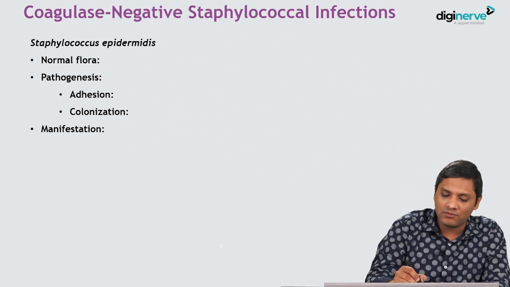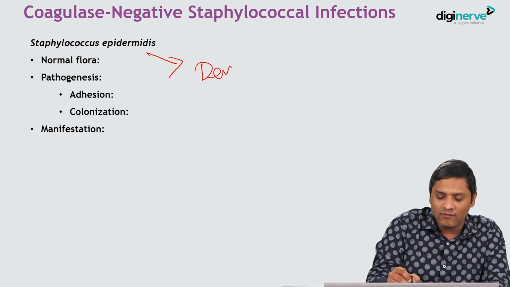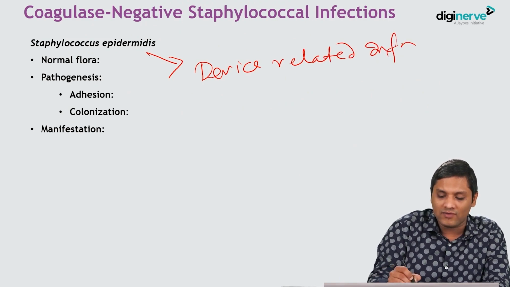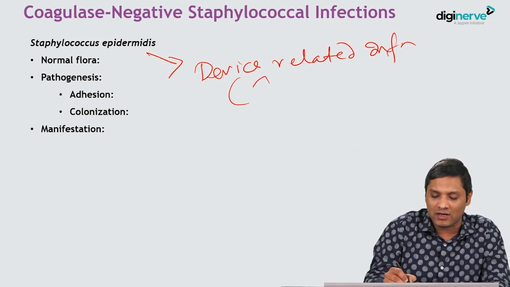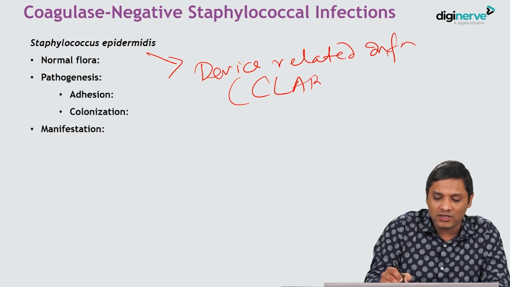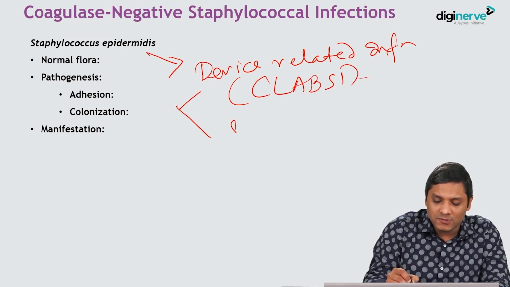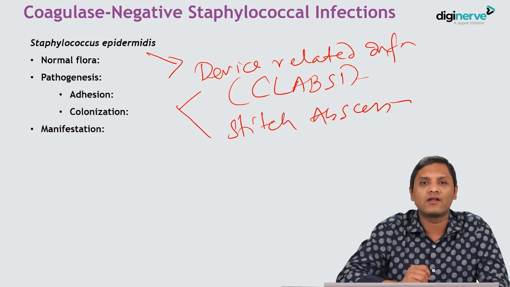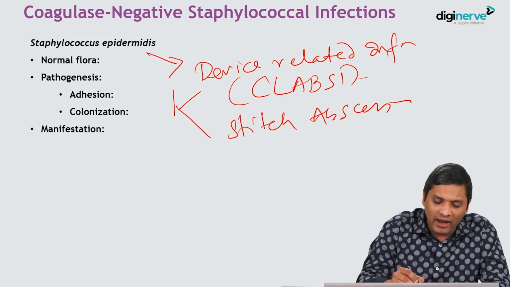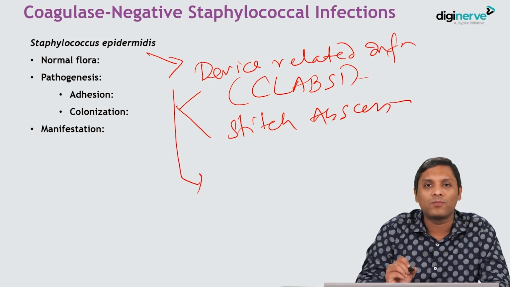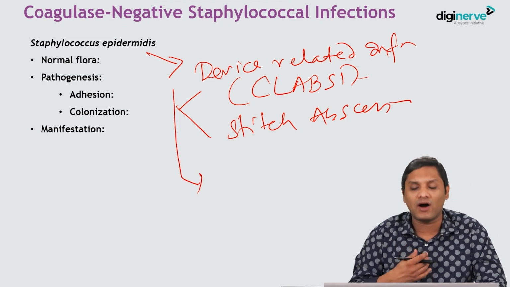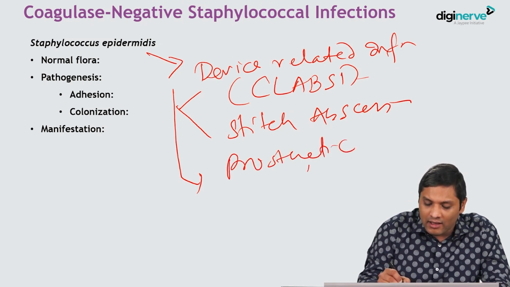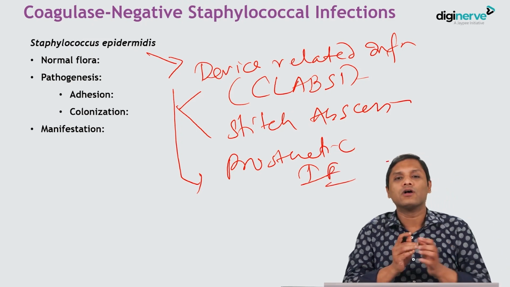That is the reason why you remember Staphylococcus epidermidis for device related infection. It is known to cause device related infections such as central line associated bloodstream infection, and it can cause stitch abscesses. It can also grow over the prosthetics, especially the heart valves, and it can cause prosthetic valve infective endocarditis.